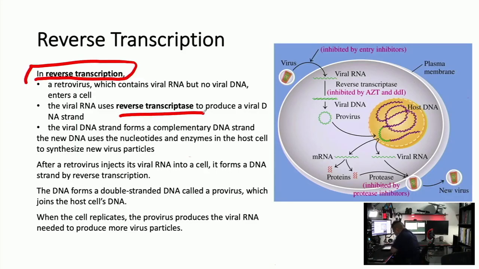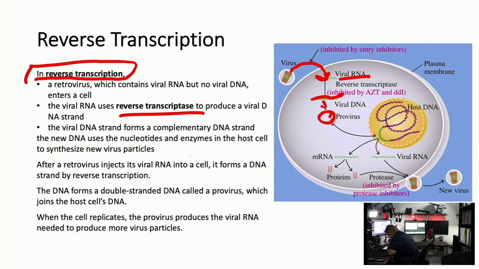And what happens here is that the virus will inject its viral RNA and use reverse transcriptase to make viral DNA that becomes a provirus.